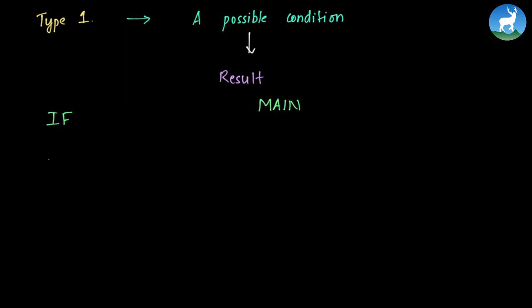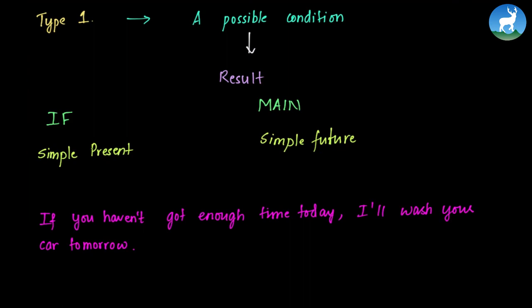For type 1, the if clause is in simple present tense, while the main clause is in simple future tense. So if you haven't got enough time today, this is the simple present tense. And the main clause, I'll wash your car tomorrow, is in future tense. So this is type 1 conditional sentence.